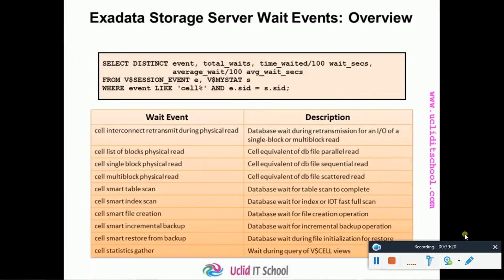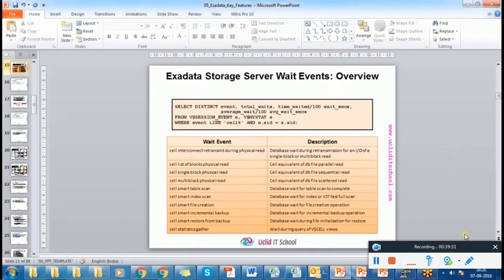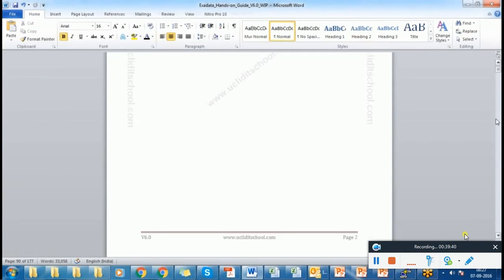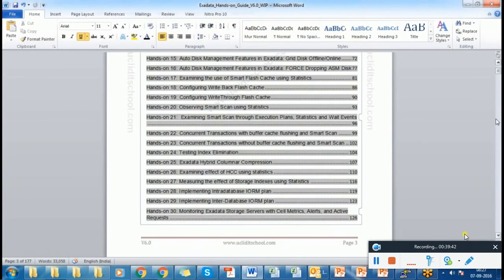So this is about the flash cache. Any question on the flash cache part? For flash cache, we have 3 hands-ons, 17, 18, 19. 17 is examining the use of flash cache using statistics.